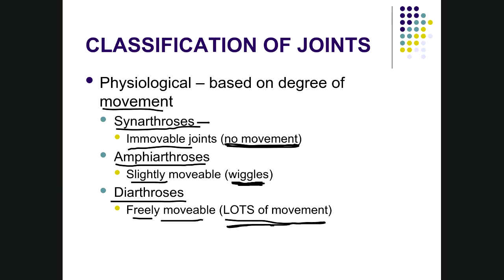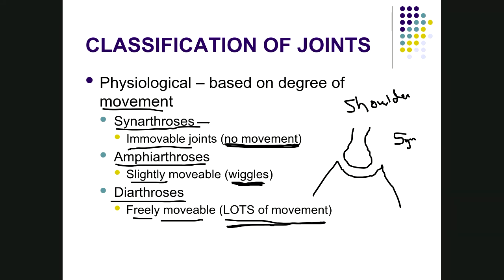So remember I said if we looked at the shoulder, if I look at it just with my eyes, I see that the bones don't actually touch each other. There's a space between the bones. And since there's a space, it has to be a synovial joint. And then if you think about how much movement there is at the shoulder, there's lots of movement.